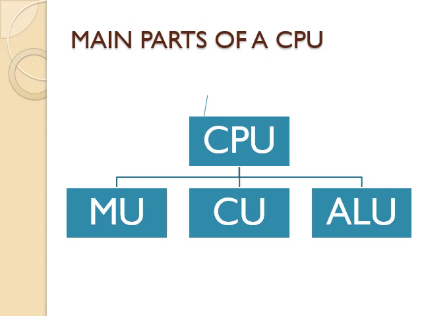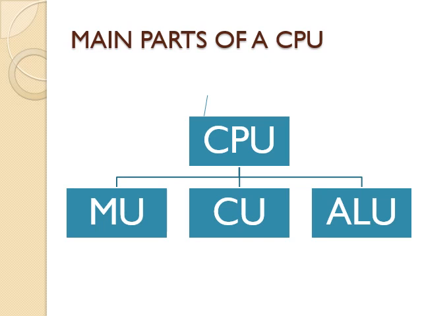Main parts of the CPU. The CPU is made up of three parts: MU, CU and ALU. MU stands for memory unit, CU stands for control unit and ALU stands for arithmetic logical unit. The memory unit stores the data and instructions which are to be processed.